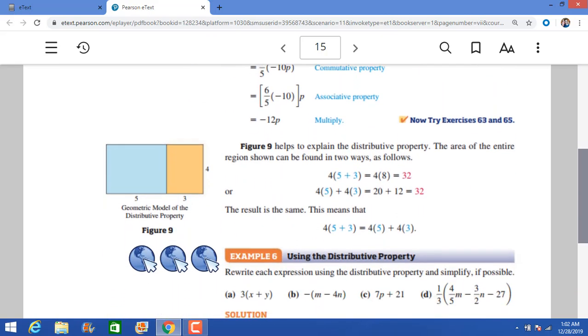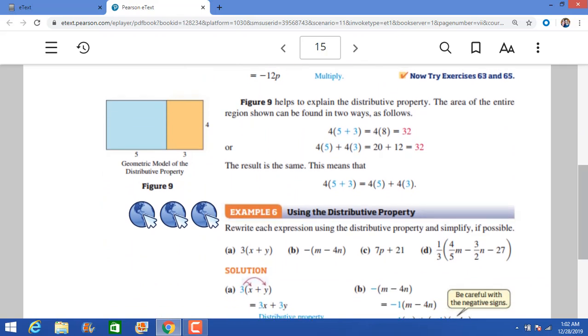Now in this figure here, this helps to explain the distributive property. Think about this. I'm taking this big rectangle, right?